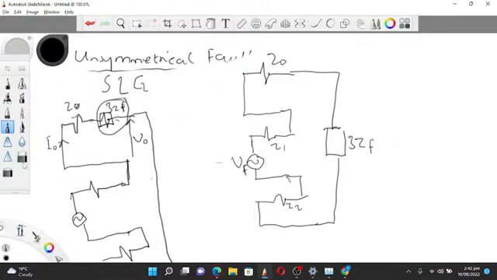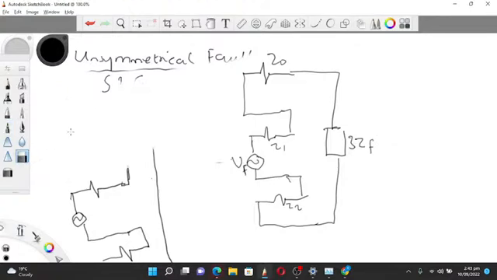So let's take a very quick example. Let's formulate an example and solve it.